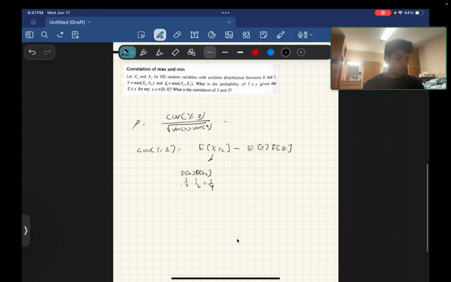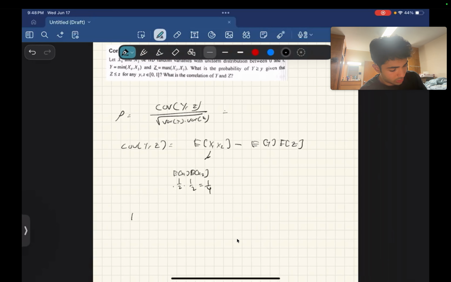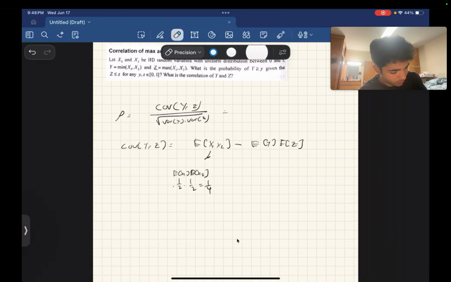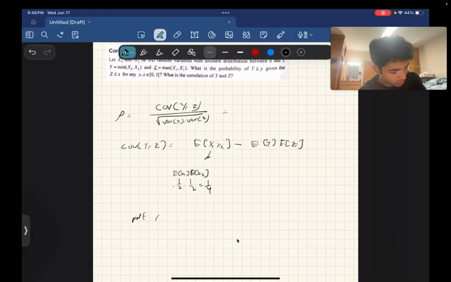The expected value of y is where it gets a little more tricky. First we have to find the probability density function of this and integrate over the support. So what is the probability density function of y? Well, you have to take the cumulative distribution function, which tells you the mass, and take the derivative of that, and that gets you the probability density, because density is the derivative of mass.